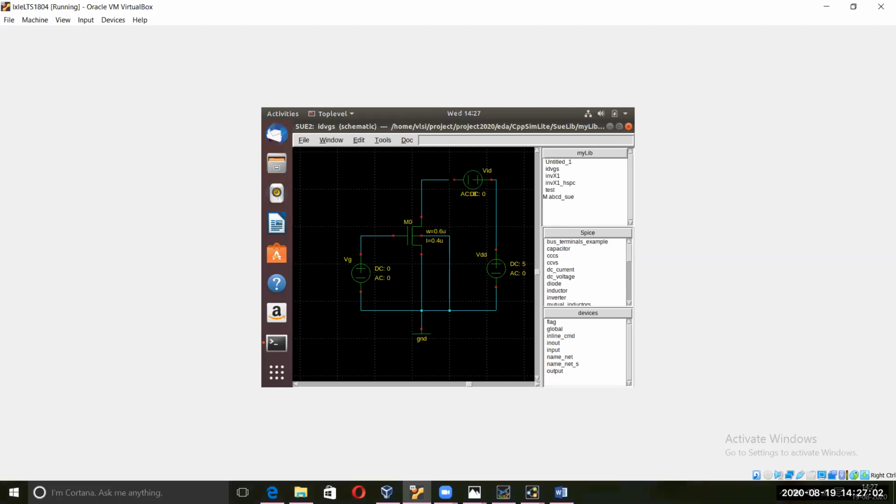And this is the VGD branch, the short circuit one, because its value is 0. Then this is the global I have dragged and dropped here and named ground. First you drag and drop all of these, then connect them with the help of wires.